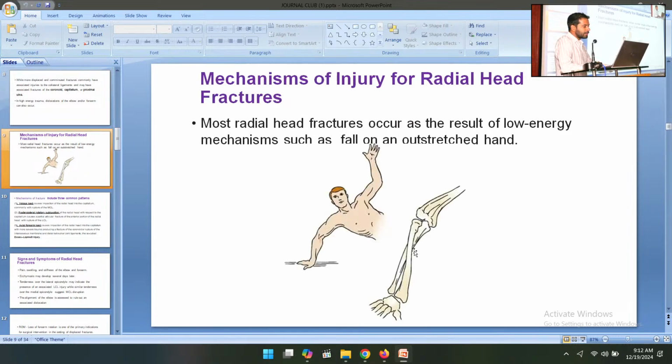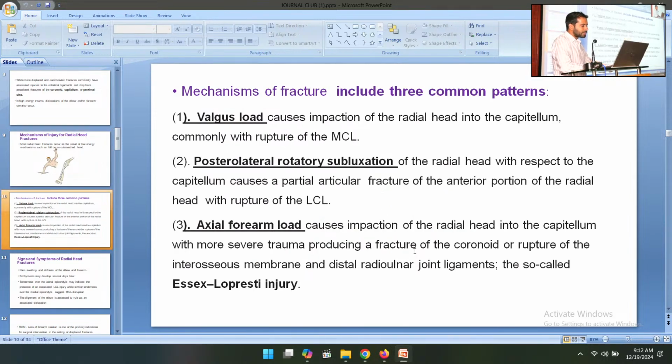Mechanism of injury of radial head fracture. Most radial head fractures occur as the result of low energy mechanisms such as fall on outstretched hand. Mechanism of fracture includes three common patterns. Valgus load causes impaction of the radial head into the capitulum, commonly with rupture of medial collateral ligament.